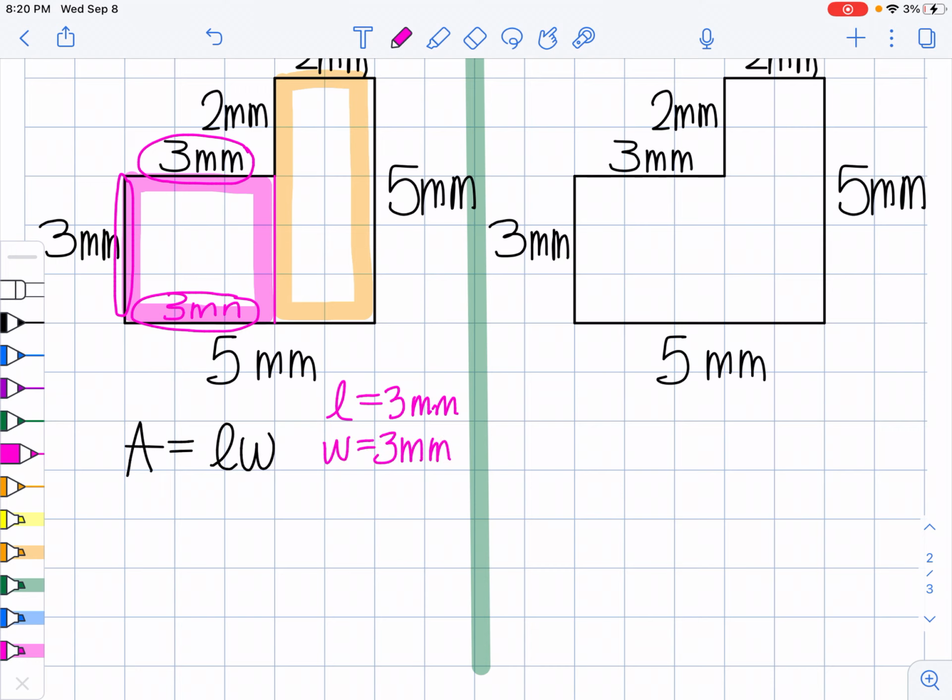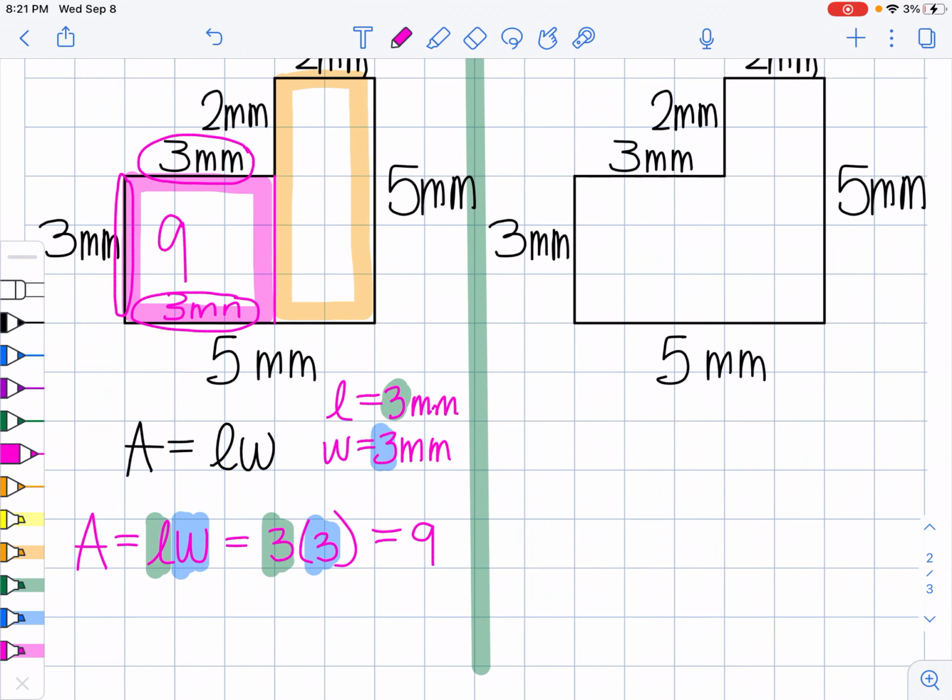So the area of my pink is length times width, which is 3 times 3, or 9. How did I know to plug in the 3 here? My length is represented by this 3, and my width is represented by this 3, which I got from here. So I'm going to write in here, 9.